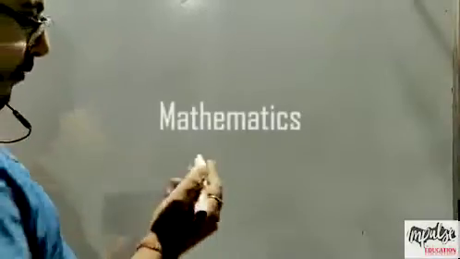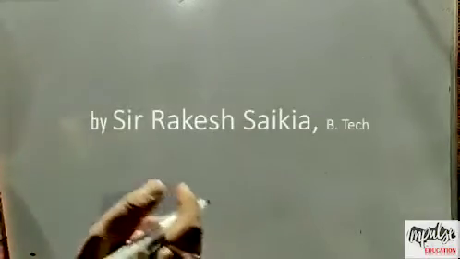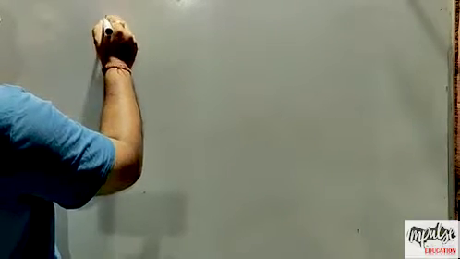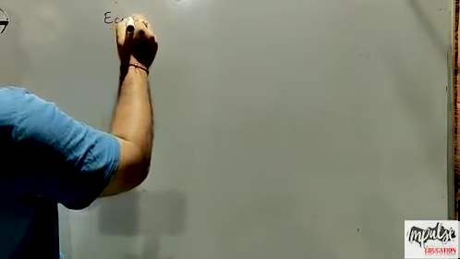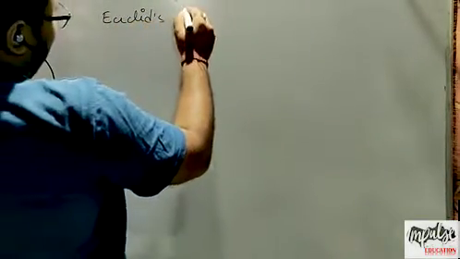Today we will be discussing the first chapter, that is the real number. In the last class I have discussed the different types of numbers in our number system. Today we will be discussing the first topic, that is Euclid's division lemma.